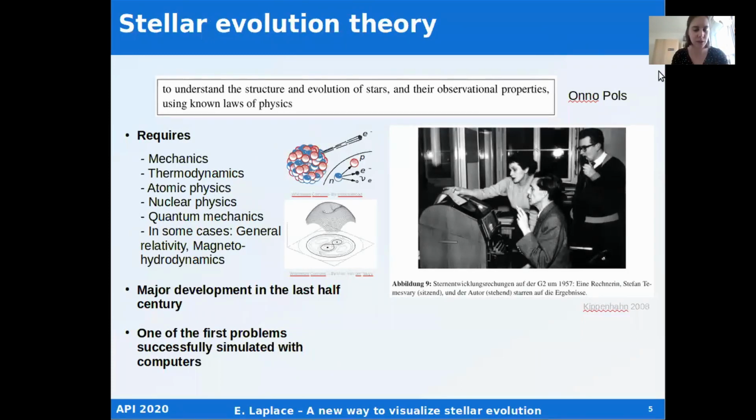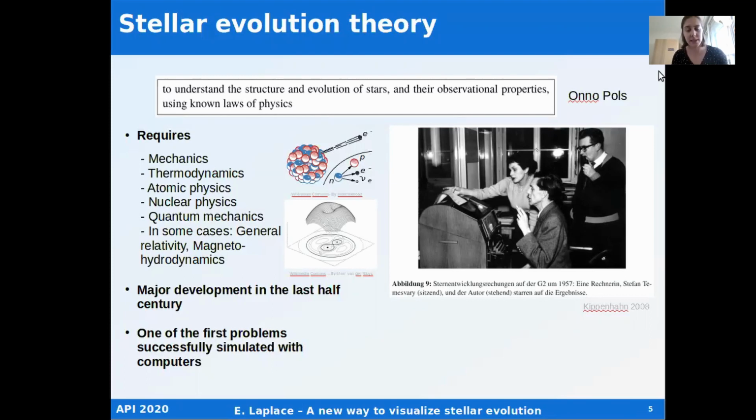So you need lots of ingredients like mechanics, thermodynamics, nuclear physics, quantum mechanics, all of this together makes stellar evolution theory. And so it's a little bit complex because of this, but it can be described beautifully in quite a simple form. And it has experienced a major development in the last half century.